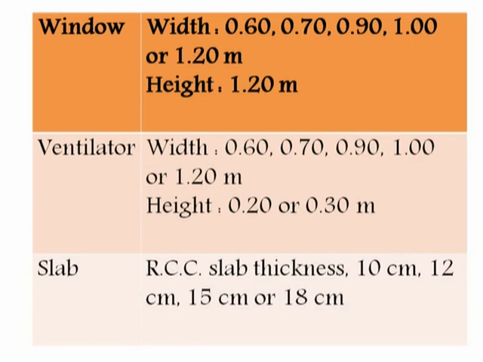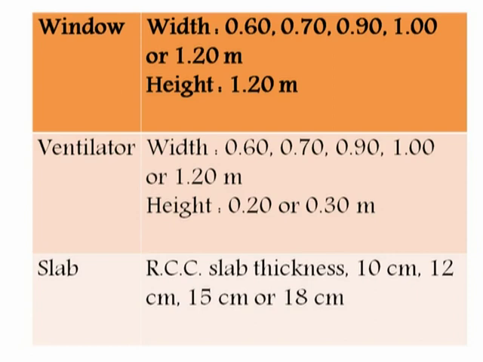Now let us see the normal dimensions of the window. Windows are provided for the purpose of air circulation and ventilation. The width of the window may be 0.6 meter, 0.7 meter, 0.9 meter, 1 meter or 1.2 meter.